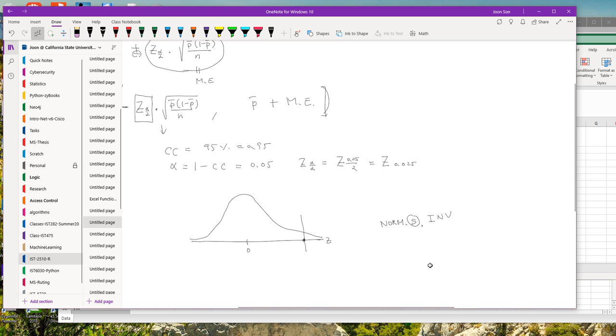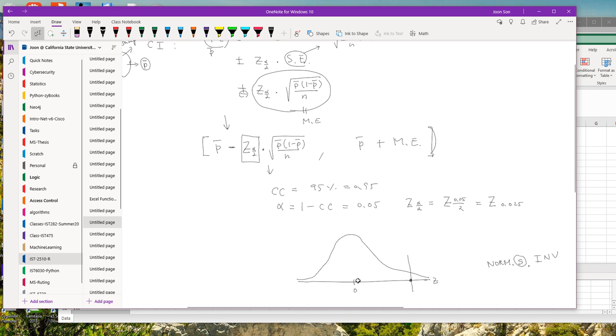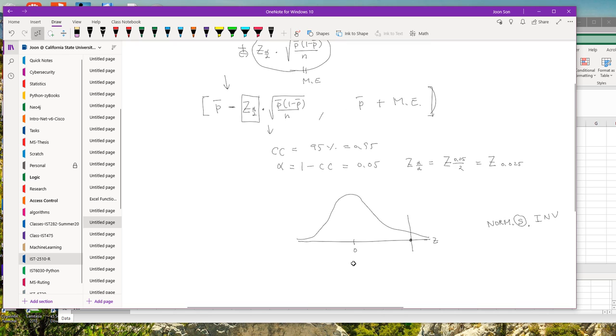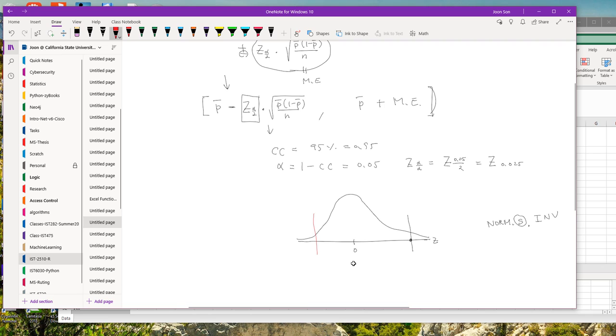If you look at the problem, it says 95% confidence level, which is 0.95, and alpha is 0.05. In this case, we are calculating a confidence interval, so we always need to consider the two-tailed case.